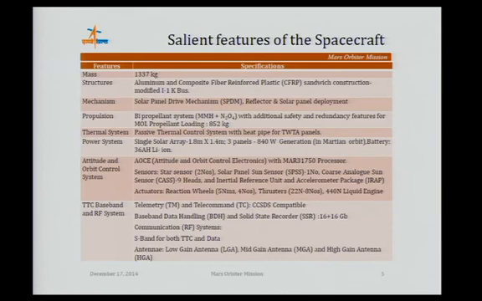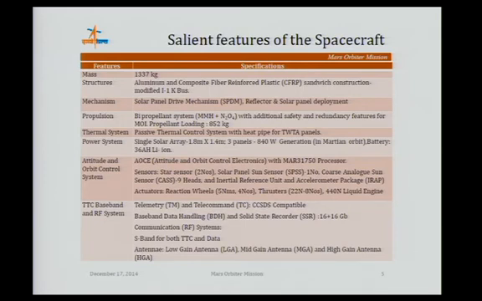Main features of spacecraft are basically: mass was 1,337 kg, structure built on CFRP material, mechanisms basically for solar panel driving, reflectors and solar panel deployment. Propulsion system was bipropellant, and additional safety and redundancy features have been added because of long duration operation of the LAM engine, and propellant mass was 852 kg.